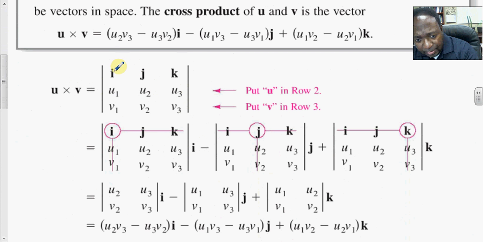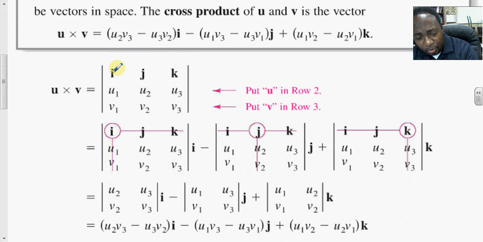The signs for the minors in the cofactor expansion are plus, minus, plus, minus, plus, minus, plus, minus, plus. How do you get that? For the even position, the minor is positive. For the odd position, the minor is negative.